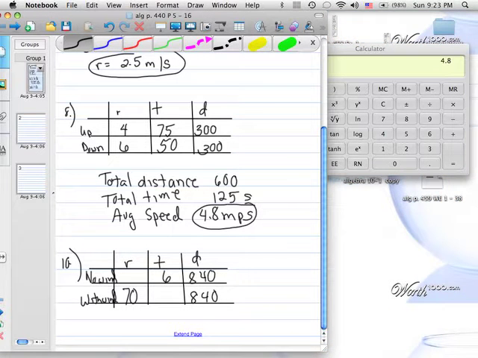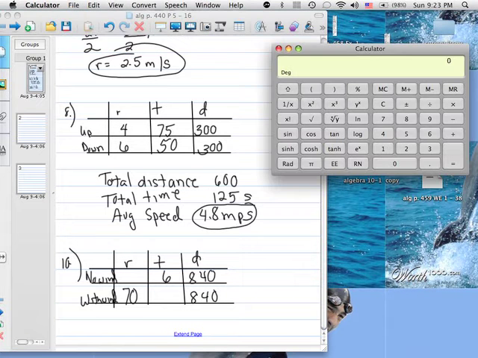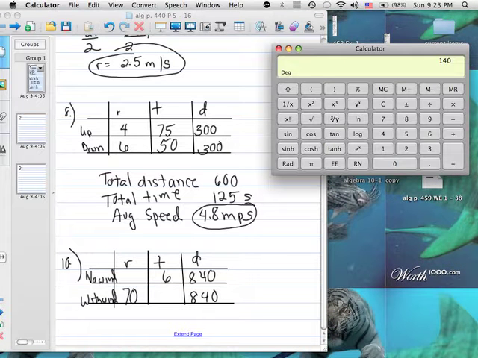So we want the rate of the first one going with no wind. We take 840 and divide it by 6, and it was traveling 140 miles per hour.